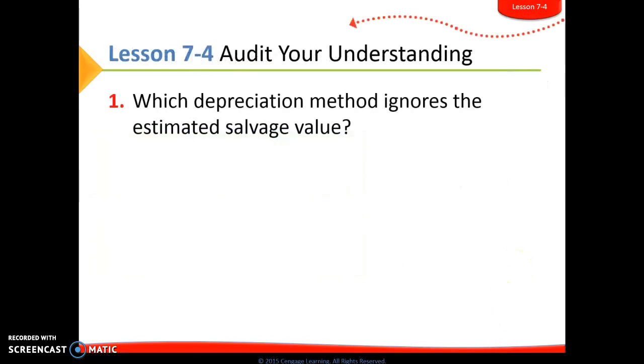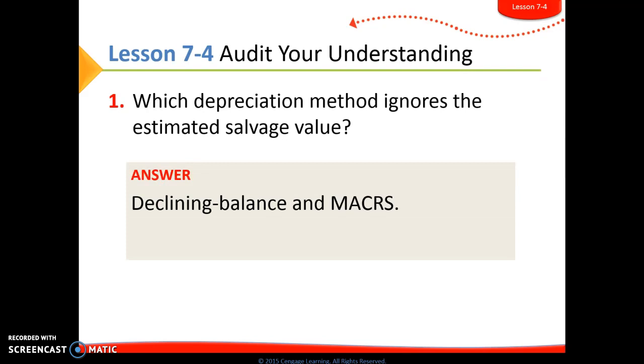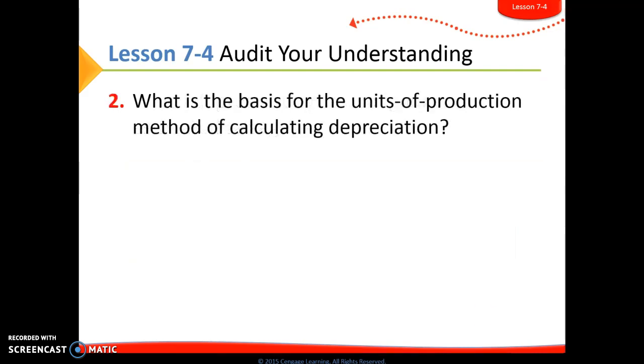All right, number one, which depreciation method ignores the estimated salvage value? That would be double declining, and the IRS one, MACRS. Number two, what is the basis for the units of production method of calculating depreciation?